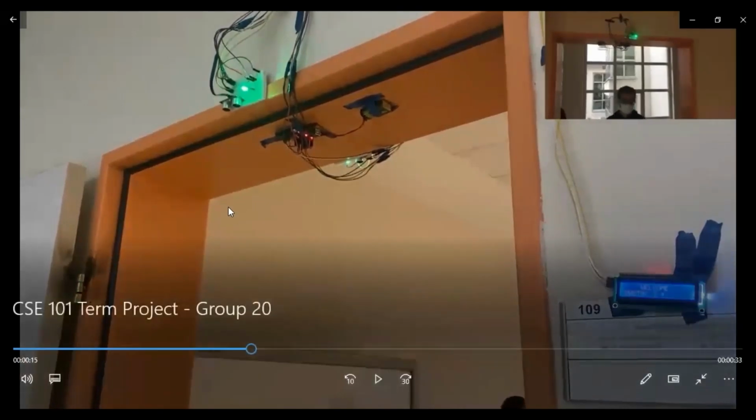When the last person enters the place, the buzzer will beep because the place will reach the defined capacity, and also the LCD screen will display the full capacity message.